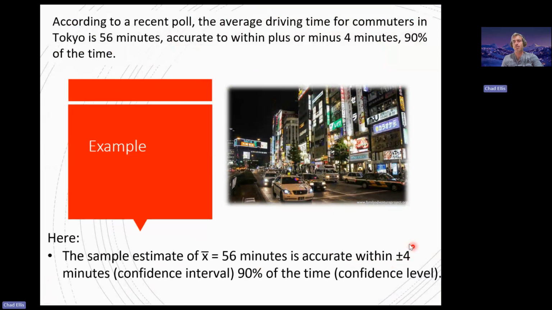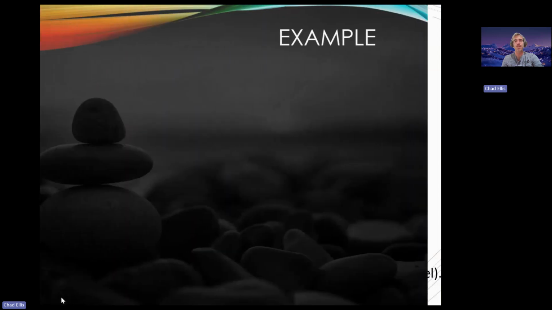Now it's accurate within plus or minus 4 minutes. So that's our confidence interval. So we're going to subtract 4 minutes and add 4 minutes onto that sample mean, our X bar. In this case, we're 90% sure. That's our confidence level. We're 90% sure that the population mean is going to fall within that confidence interval of plus or minus 4 minutes above and below that sample mean.